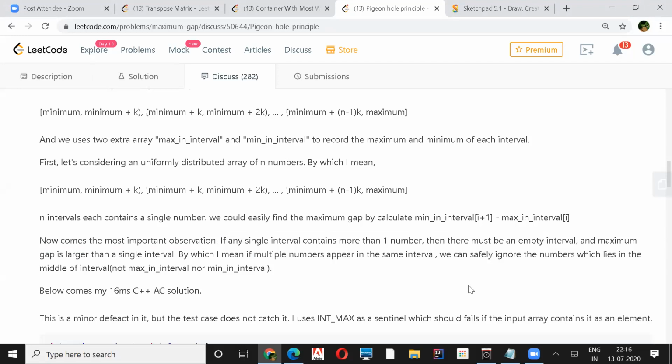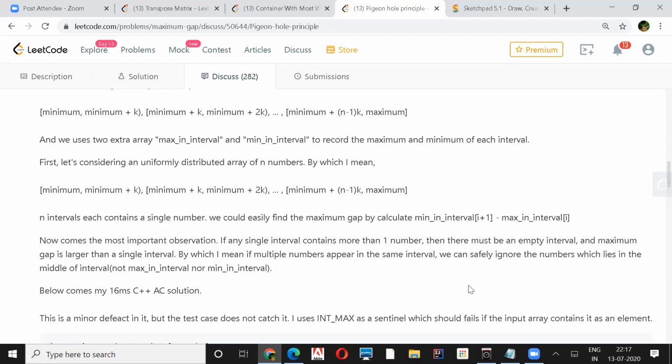So if multiple numbers happen to be in same bucket, there has to be at least a single bucket that is empty. Since the gap is increasing, in a bucket, the gap can be only k itself. But if multiple numbers lie in the same bucket, the gap increases more than k.